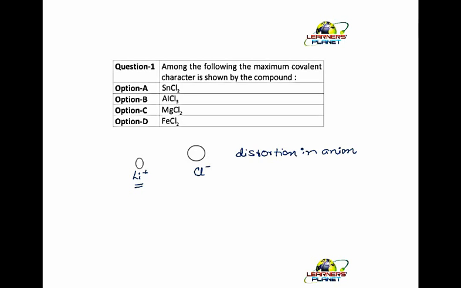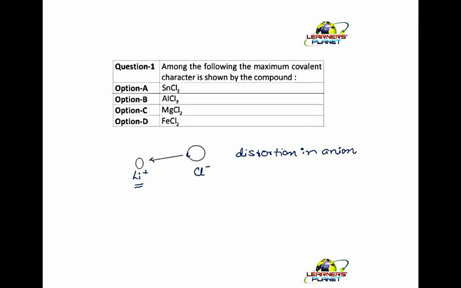Now the anion size is bigger. In an ionic bond there is complete transfer of electrons. What this cation tries to do is pull the outer electrons towards itself.